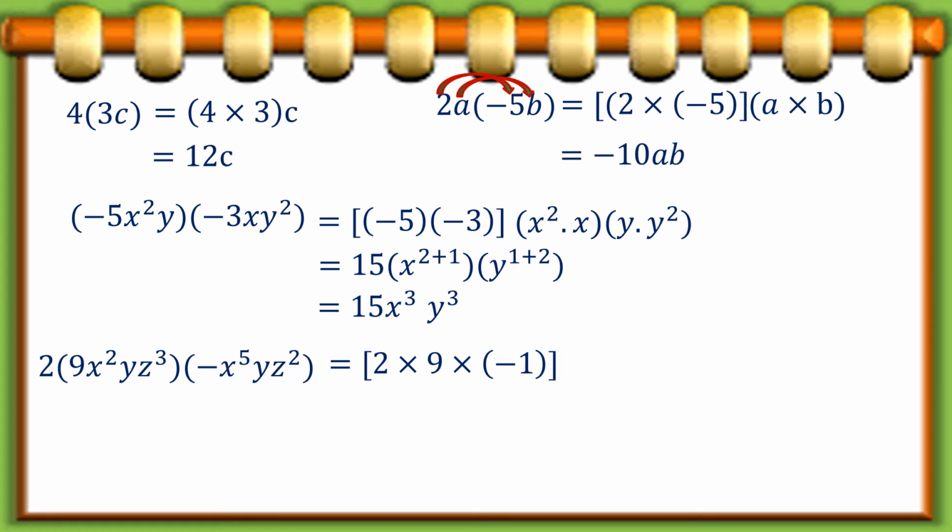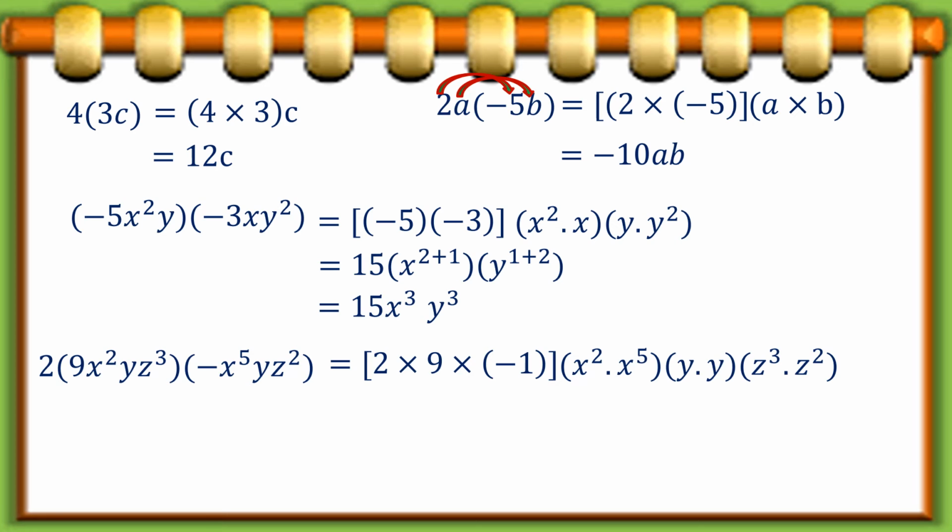Now let us have another one. So 2 times 9x squared, y to the third, times negative x to the fifth, y to the second. In here, we are going to have 2 times 9 times negative 1. So remember that any variable without coefficient, it means it is equal to 1.